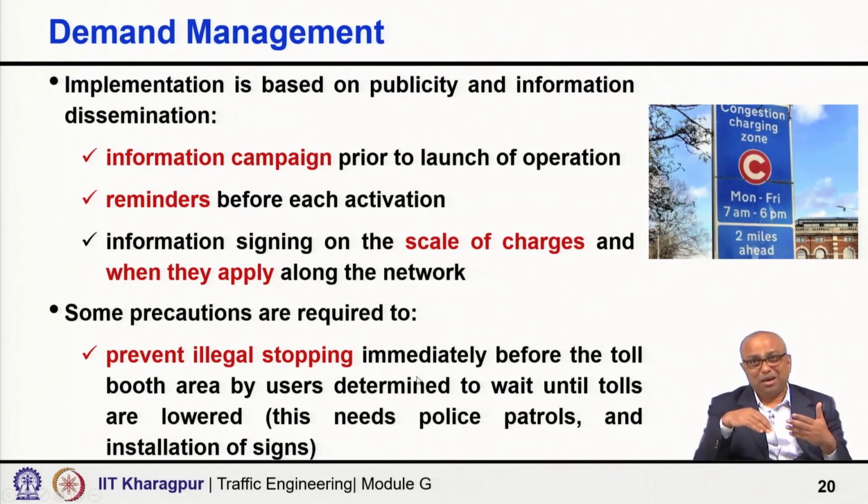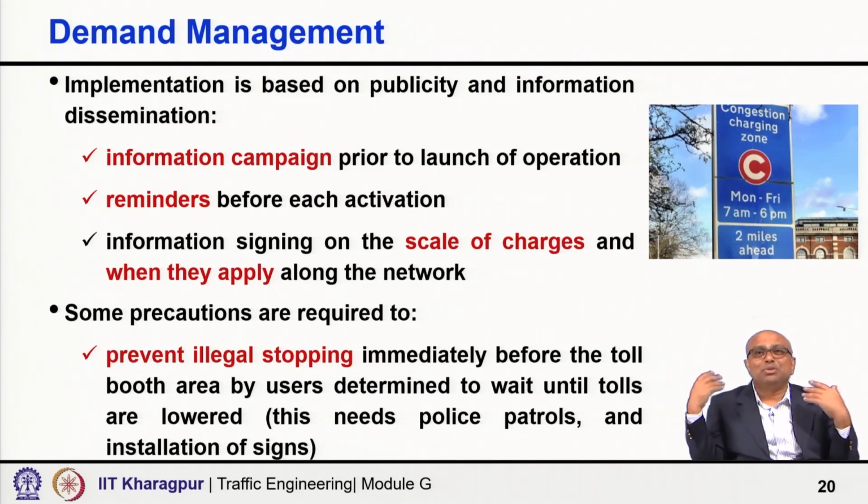You are now going to have a lesser rate, so people may try to stop, let us wait for 10 minutes and then I will travel. That creates a different kind of effect. In front of the toll booth or all such sensitive places, you will find traffic chaos will happen. So, prevent illegal stopping immediately before the toll booth area by users determined to wait until tolls are lowered.